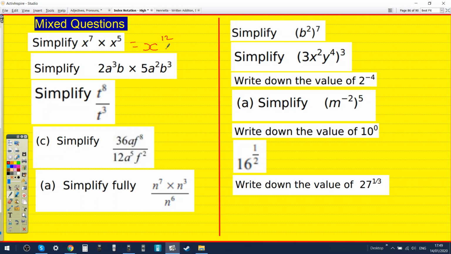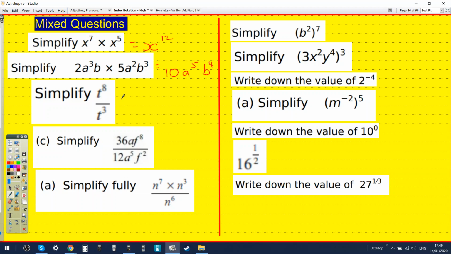Next one. Two A 3. No, not 2. Is it 10? Mm-hmm. A5 and B. Well done. Next one.